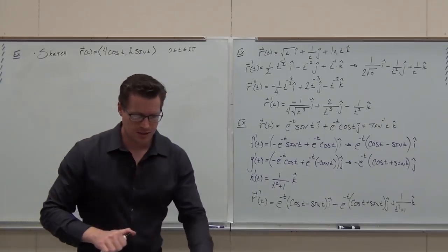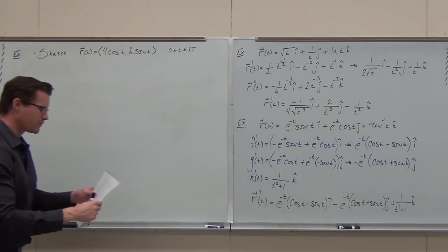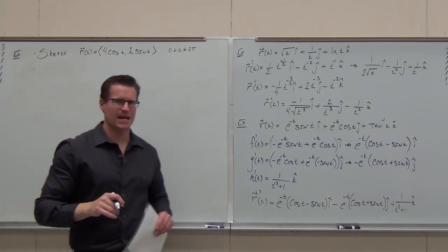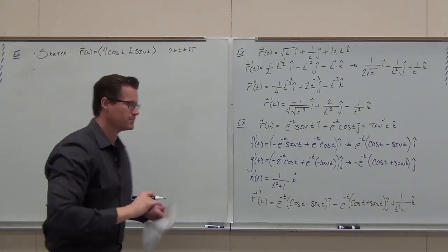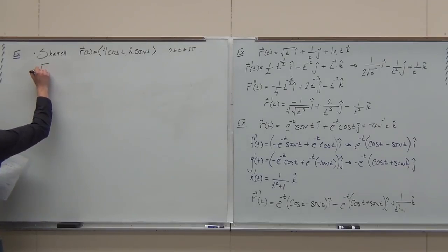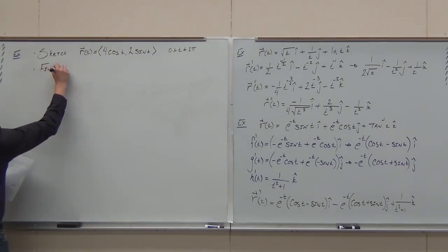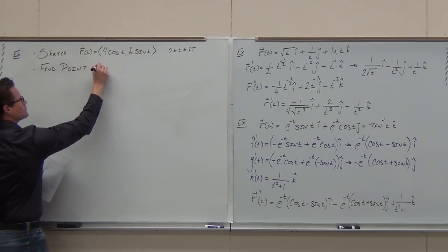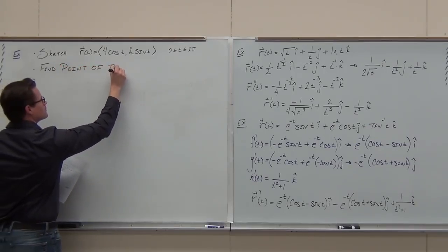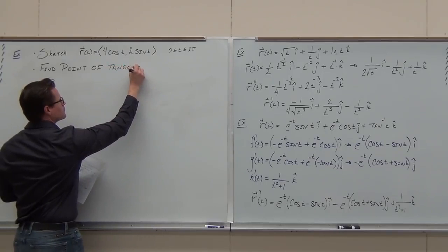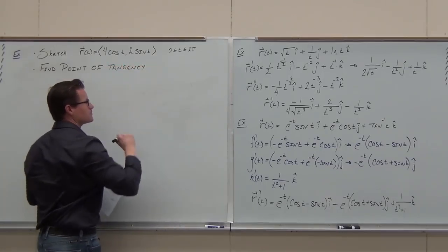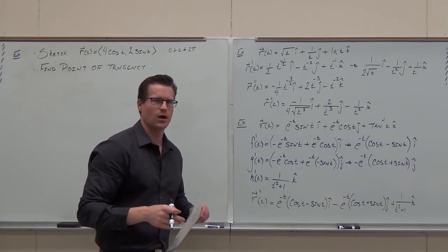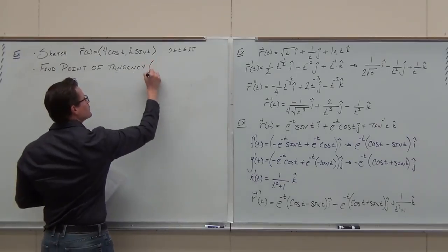After that, once we sketch that function, I want to find something called the point of tangency at a certain value of t. We abbreviate this with an Oregon, Washington type of abbreviation.